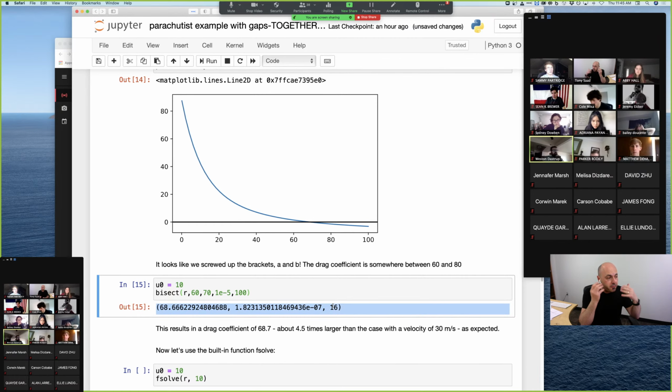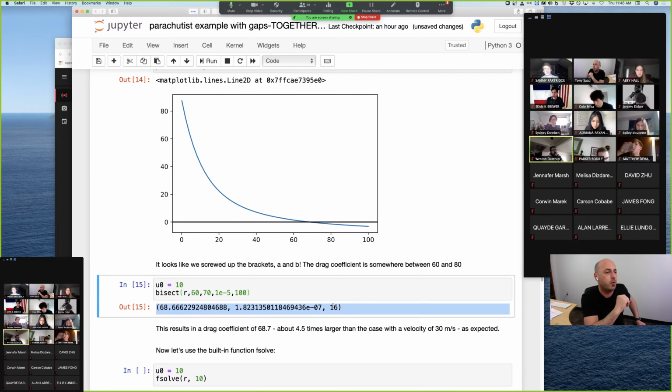Now, physically, this makes sense. Think of the first question: a 70 kilogram parachutist, after 10 seconds of falling, reaching 40 meters per second, gave us a certain drag coefficient. Now, if I want that same parachutist in the same length of time to reach 10 meters per second, what should happen to the drag coefficient?